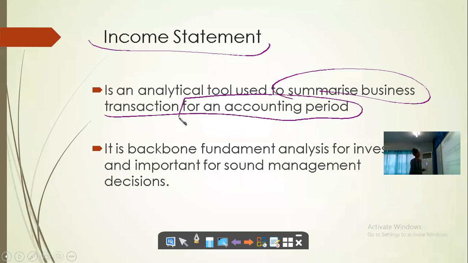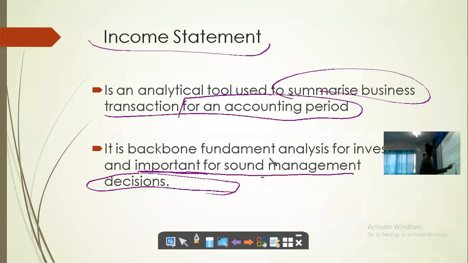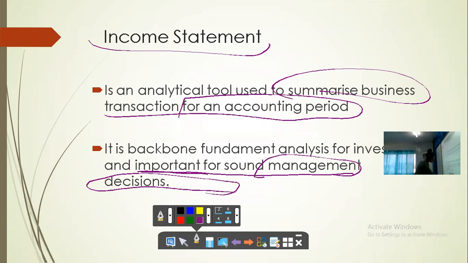Managers and business owners use it to make sound management decisions, whether to venture into a new business or whether to cut some costs down, or to take on more shareholders, to increase their capital share.